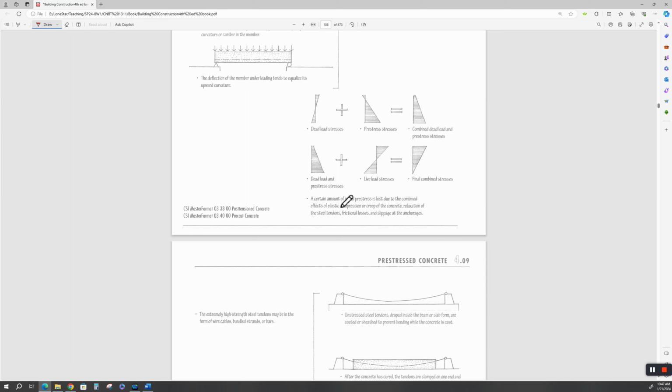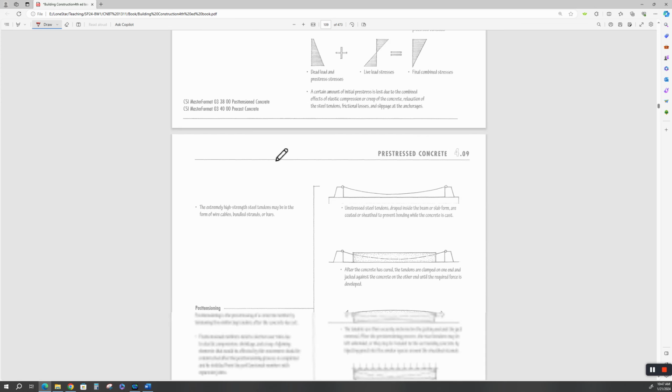Okay. So there's a certain amount of initial pre-stress that is lost due to the combined effects of elastic compression or creep of the concrete. Doesn't that sound cool? And these tendons, when they're cut, yeah, they do shrink in there a little bit, but hey.